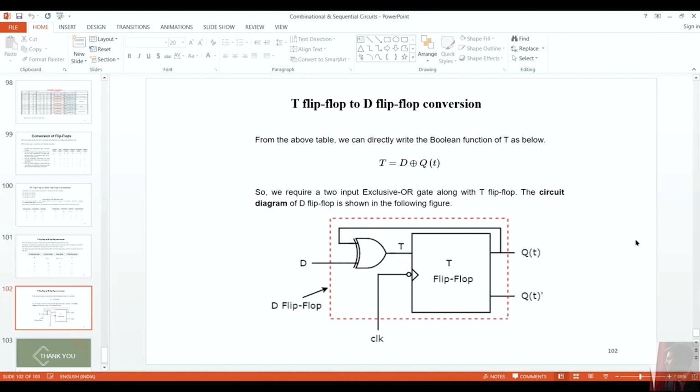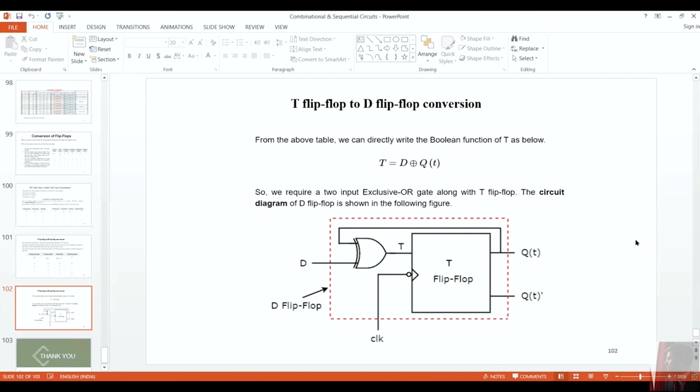So in this video, we discussed the basic concept of sequential circuits. We also discussed what kind of circuits can be designed using flip-flops. We also discussed the difference between latch and flip-flop, the conversion of different flip-flops, and the truth tables of flip-flops. We also discussed that a sequential circuit comprises a combinational circuit and memory.